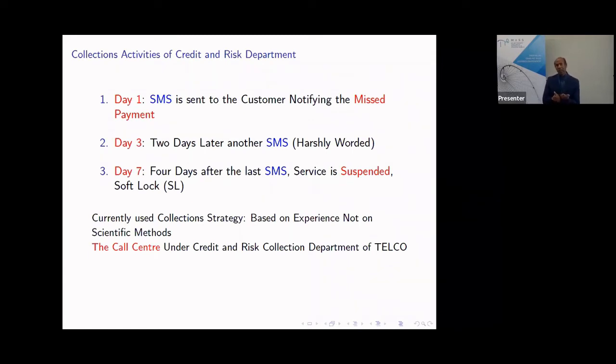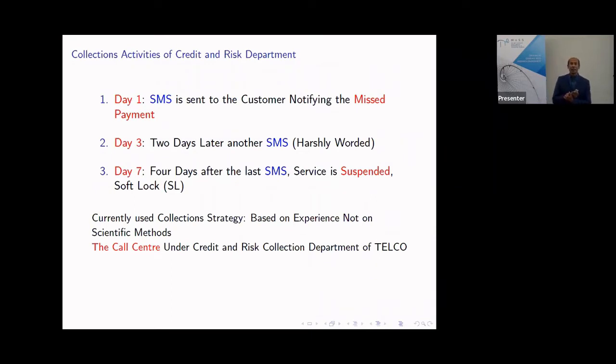The actions on day 3 and day 7 are not directly controllable, because you don't know how many people will call and how many will not call but already pay. But what is controllable is the number of SMS the company sends on day 1, not the other two, day 3 and day 7. That's an issue we discovered after digging into it.